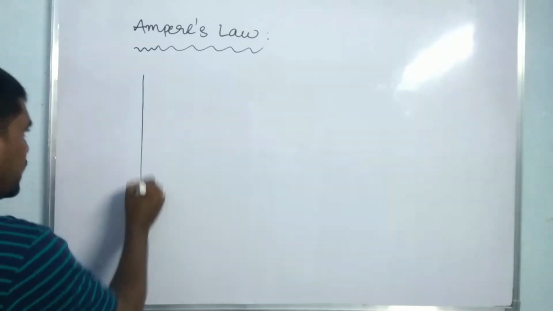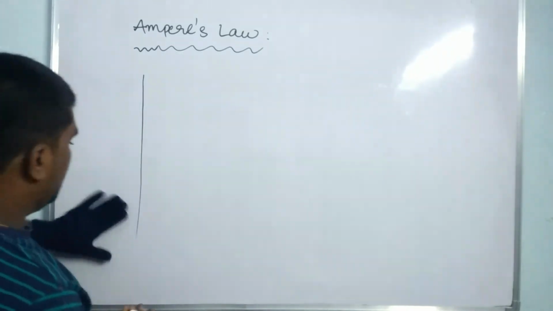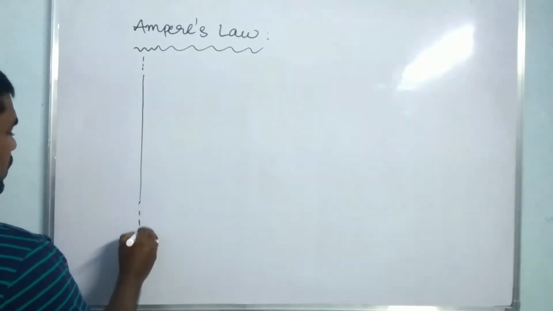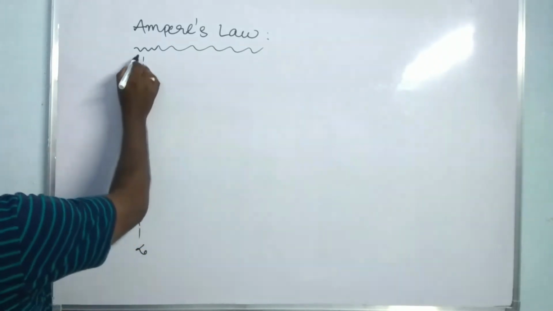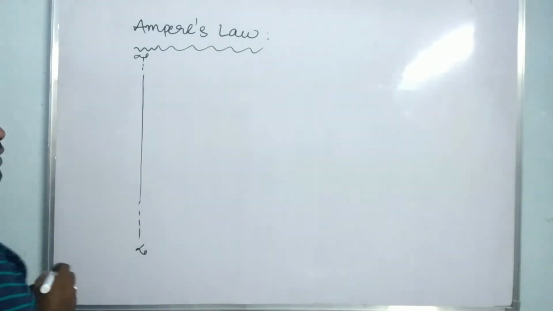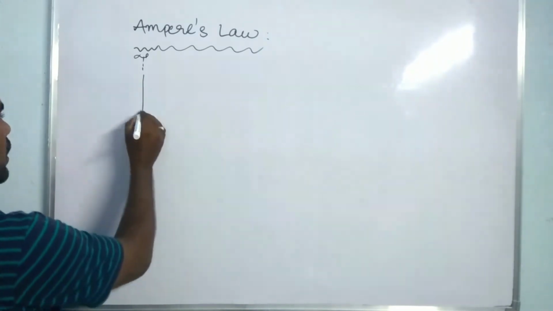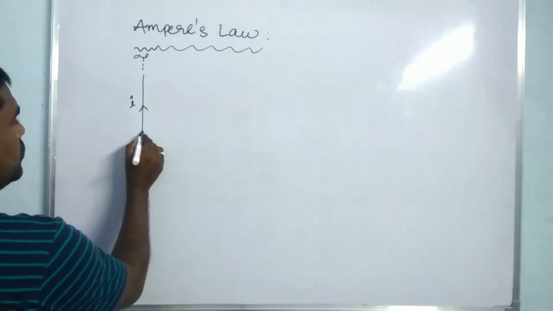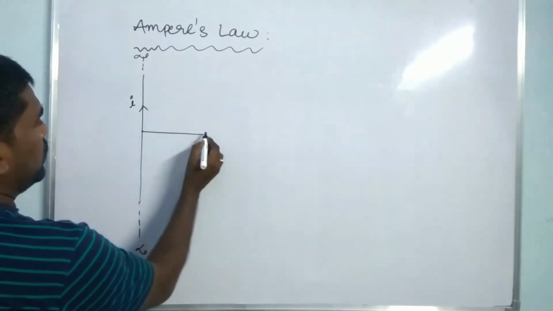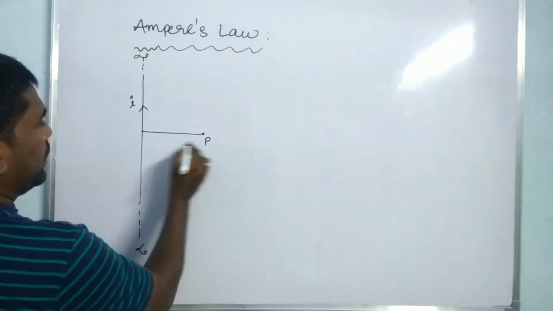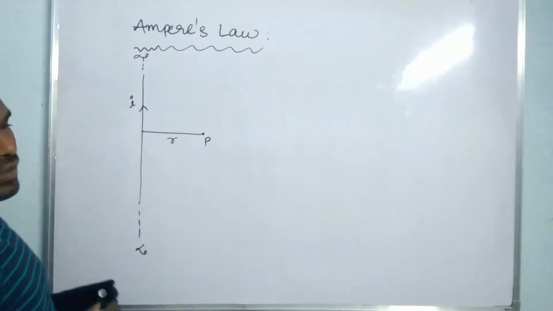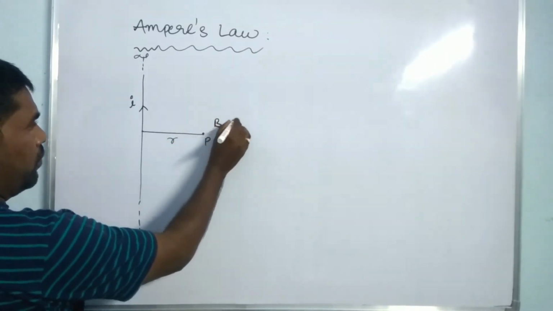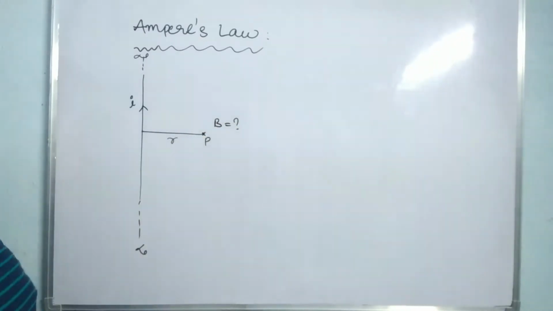So there is a current carrying conductor having infinite length, having the current I. At this point we assume a point P at distance r. We have to find the magnetic field at the point P.